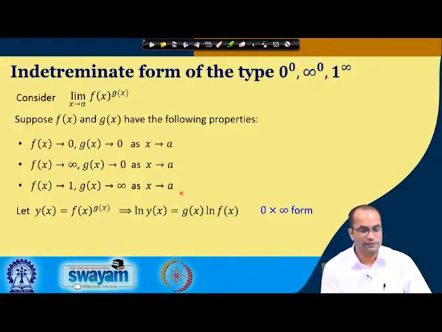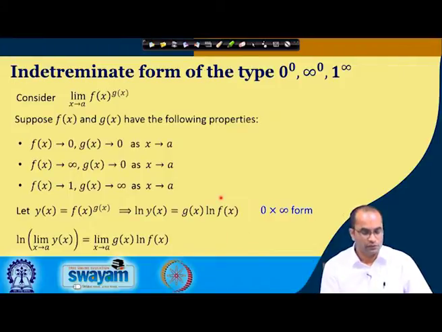So, in all these cases, whether 0 power 0 form, infinity power 0 form, or 1 power infinity form, we will have 0 into infinity form once we take the logarithm of this expression and then take the limit. While taking the limit, since ln is a continuous function, we can bring this limit inside the argument: ln of limit x goes to a of y(x) is equal to the limit x goes to a of g(x) into ln f(x).